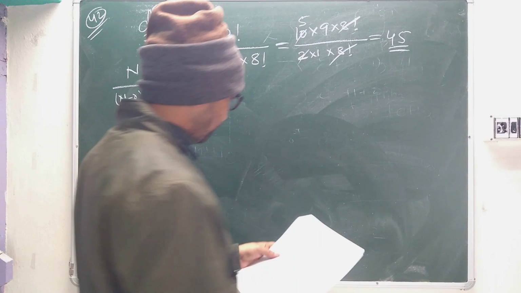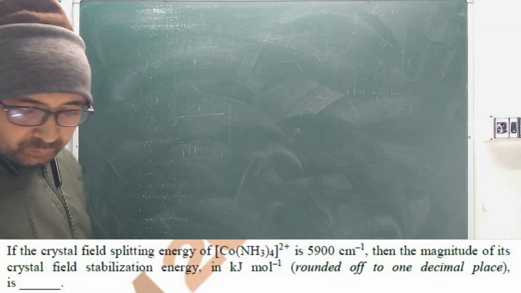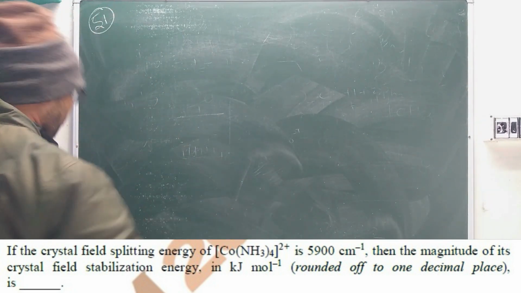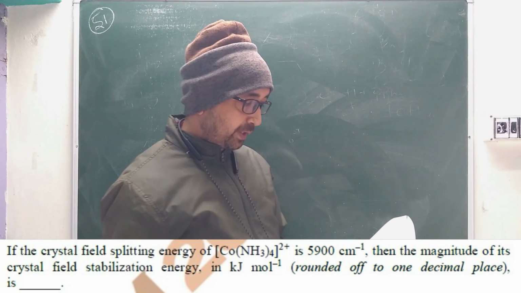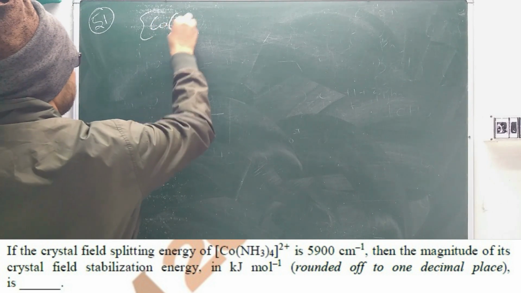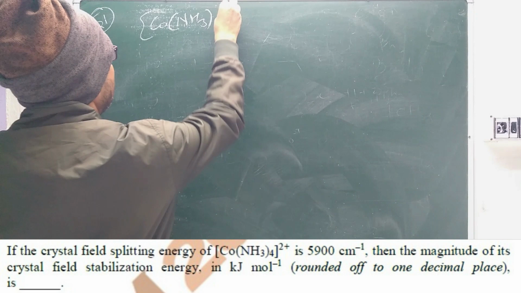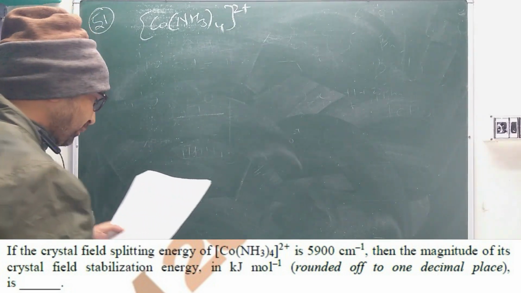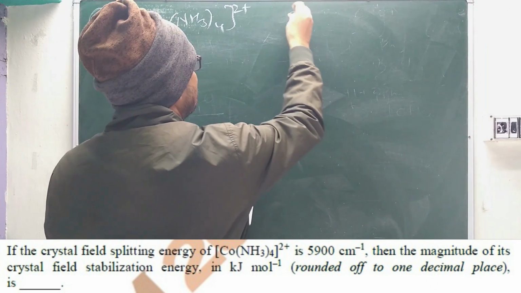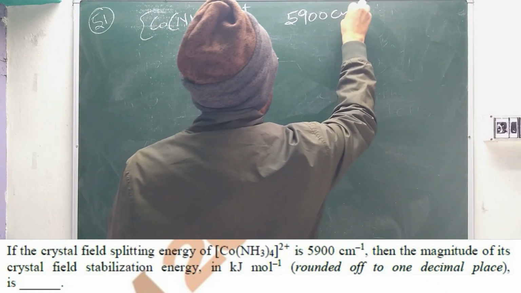So next question we will solve. Question number 51 from the same year. You can see it on the screen. They have given the crystal field splitting energy of the tetrahedral cobalt 2 plus complex, which is 5900 per centimeter.